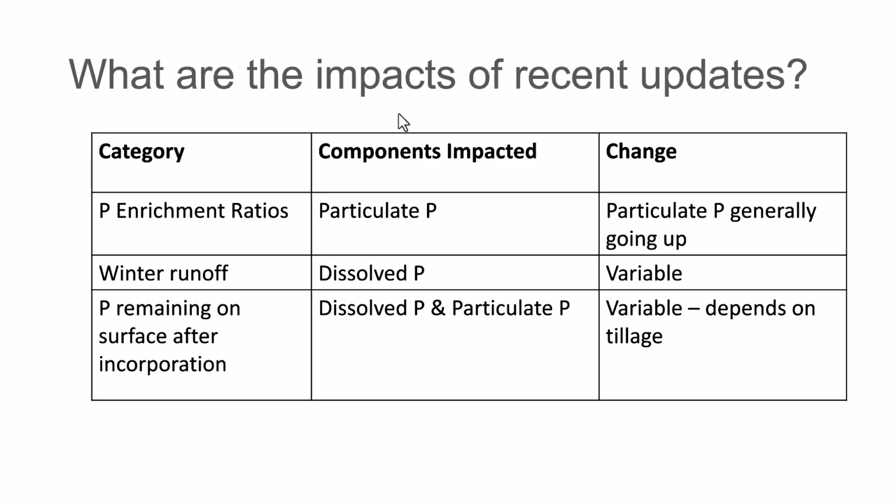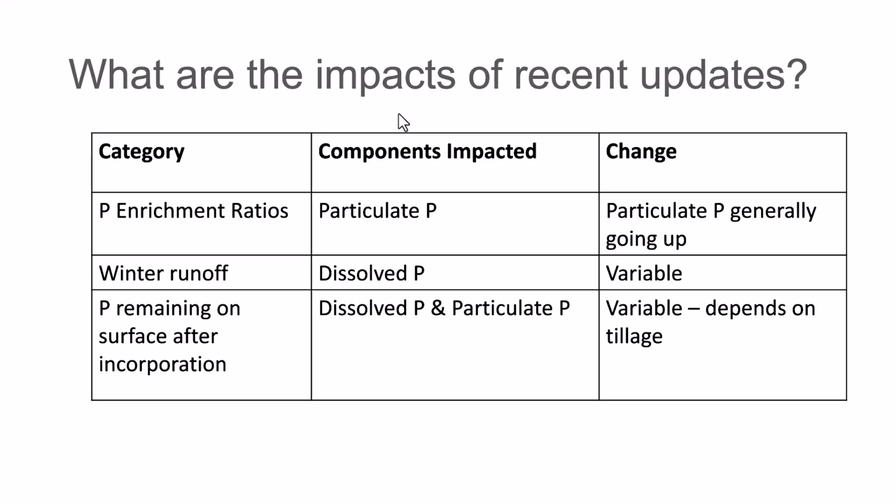So this is going back to the fact that we use the 20-year winter precipitation averages when we're calculating winter runoff. So depending on what exactly the precipitation in your county looks like and how it's changed since that last data update, this could go up, it could go down. It's really going to depend on your starting point.